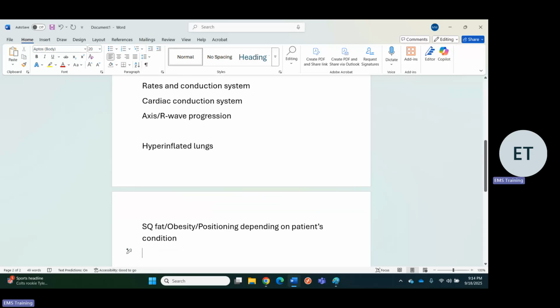Also, other things that cause problems inside the chest, abnormal fluid collections. This could be anywhere, in the lungs, in the thorax, mediastinum, pneumothorax, mediastinitis, whatever. Cancers, pleural effusions.